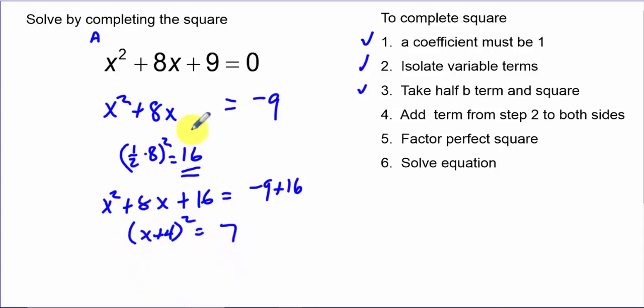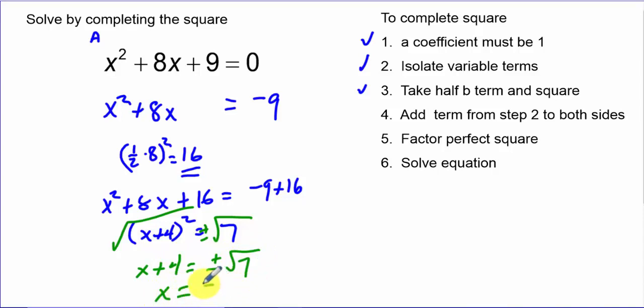Take the square root of both sides. Don't forget the plus and minus. Get x plus 4 is equal plus and minus square root of 7. And x equals negative 4 plus or minus the square root of 7, solved by completing the square.